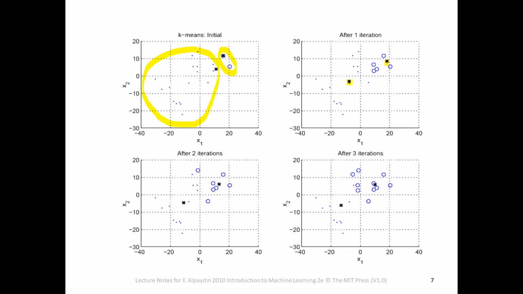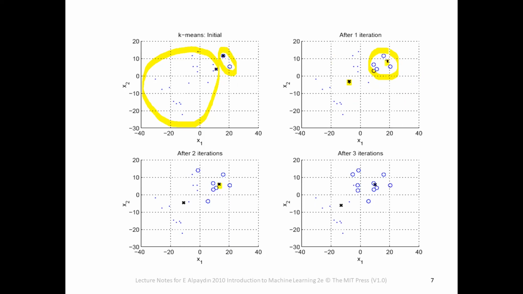In the second iteration, we compute the representatives for all the observations, and we can see that here we had only 2 observations which were represented by this reference vector, but in the second iteration, we have 5 observations represented by this reference vector. And the rest was represented by this one. So we update the values for the reference vectors.